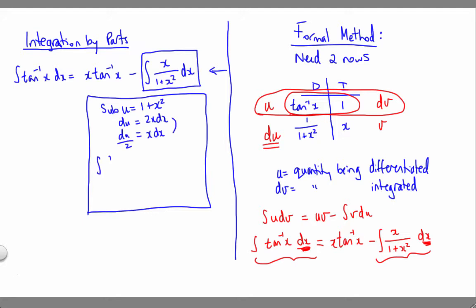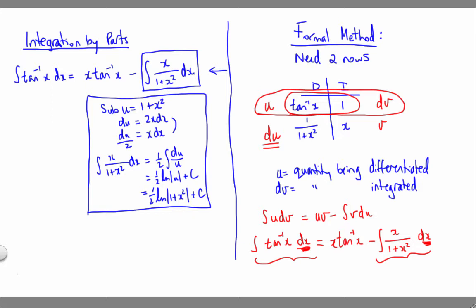Our integral, x over 1 plus x squared, integrated with respect to x, is going to give us 1/2 du over u. And when we integrate du over u, we're getting ln absolute value of u plus a constant. So the final thing we'd want to do is just go back to our original variable: 1/2 ln absolute value of 1 plus x squared plus a constant.